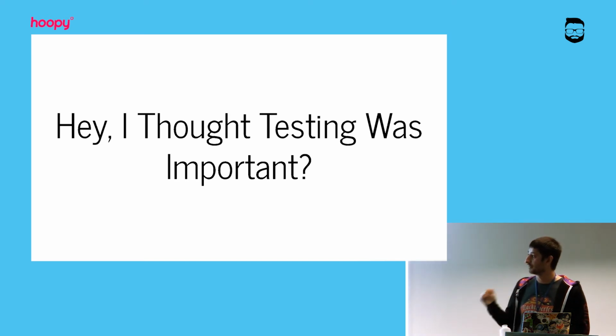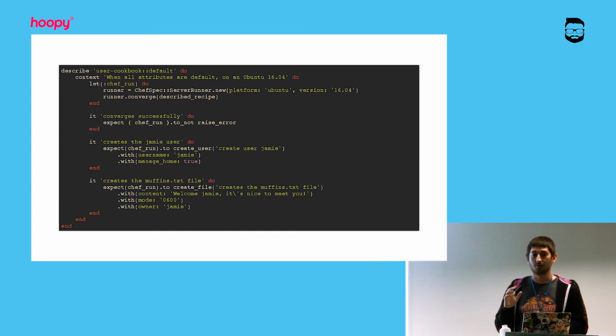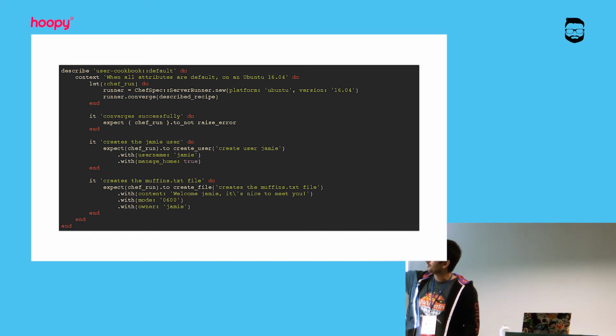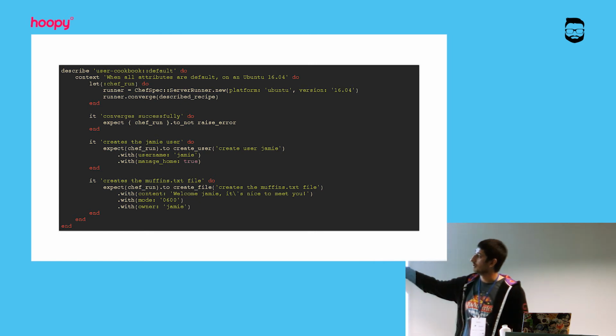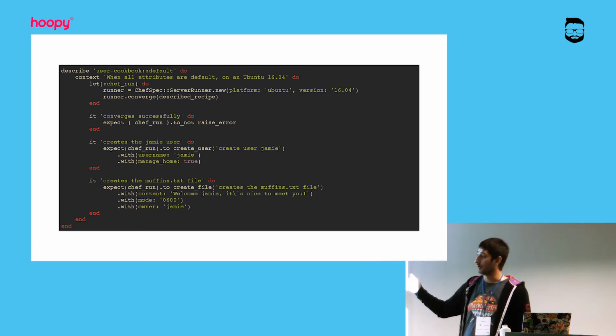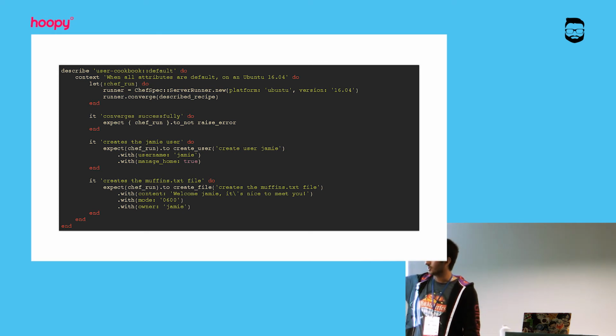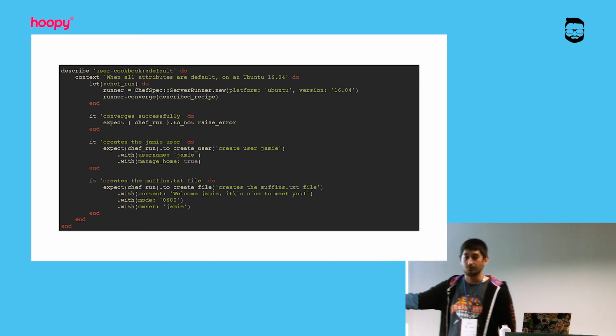So for those not familiar with Ruby, you don't need to look into this in that much depth, but basically what we're doing is we're pretending to run the cookbook on an Ubuntu 16.04 node. We're expecting it to converge successfully. Then we're hoping that it will create a user, Jamie, with the username Jamie, and also that it will create the muffins.txt file.